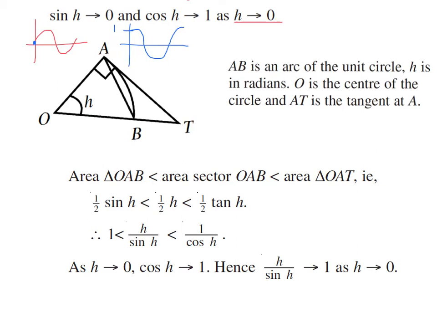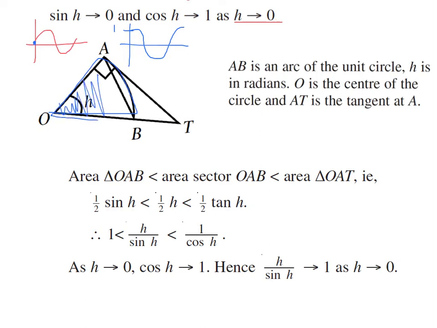Now this is saying that the area of triangle OAB, so that triangle there, and the area of triangle OAT, the big triangle there, well, the area of the sector is in between the area of the small triangle and the area of the big triangle. So the area of sector OAB is talking about that sector there.